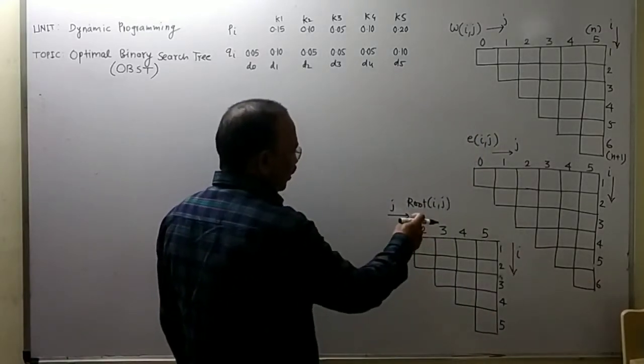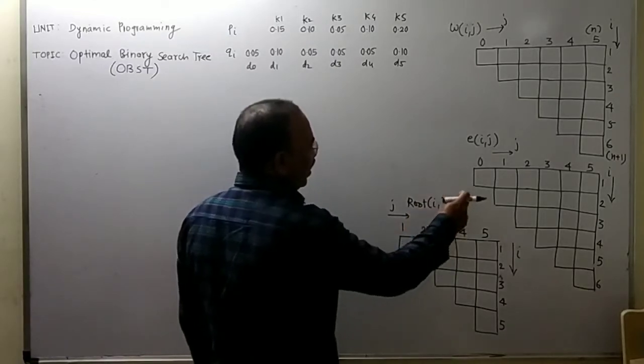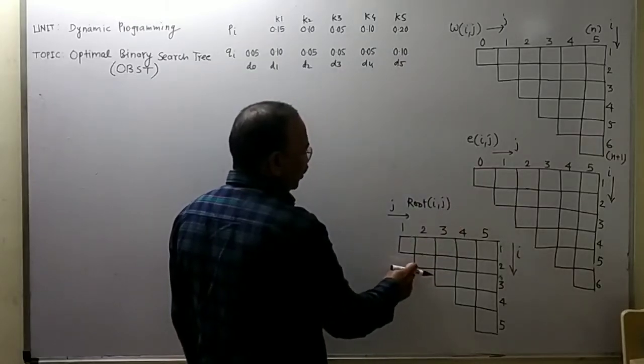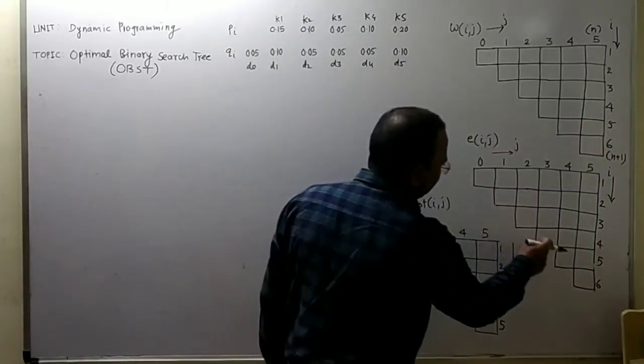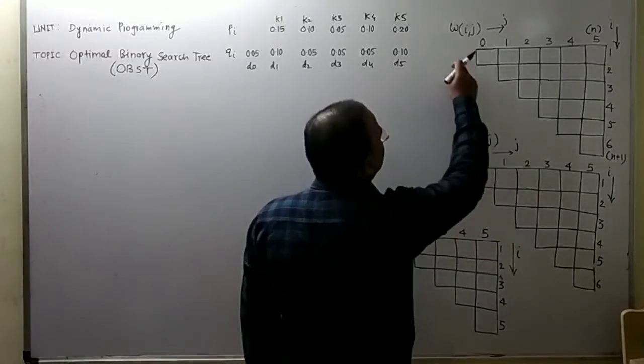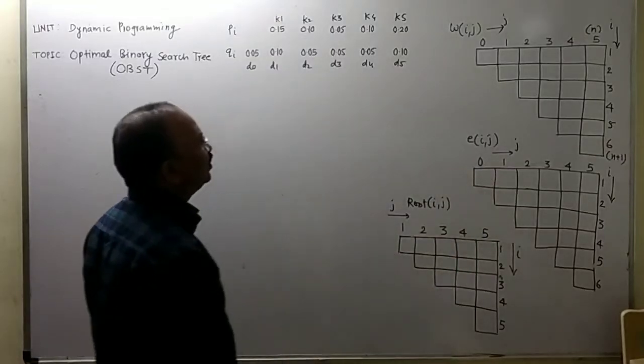Now, in root table, the structure is same as that of E table, except in root table, the main diagonal is removed. Let us see how to fill up the W table, then E table and root table.